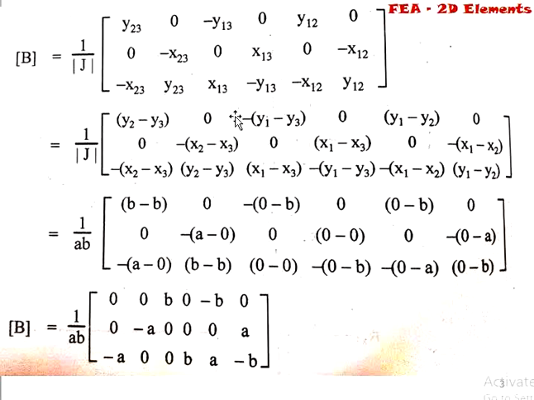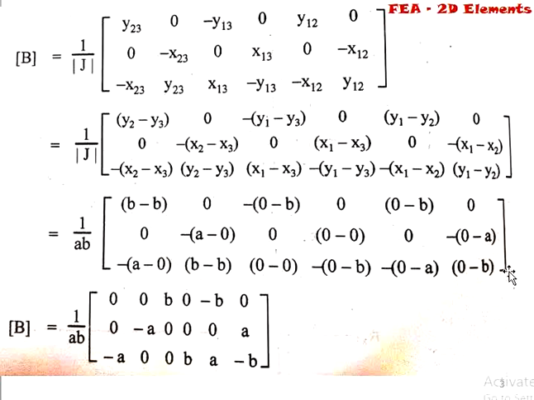In the second step we require B, that is the strain displacement matrix. The strain displacement matrix is in the form of the determinant of the Jacobian matrix and values of x and y. So this is the relation for B. Just put all values, means y23 is nothing but y2 minus y3.